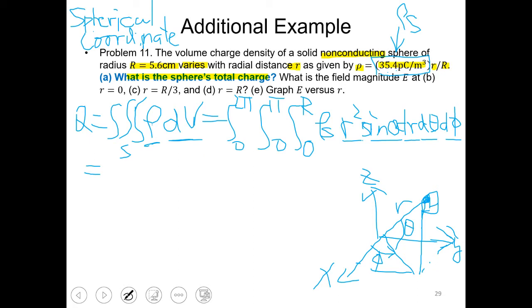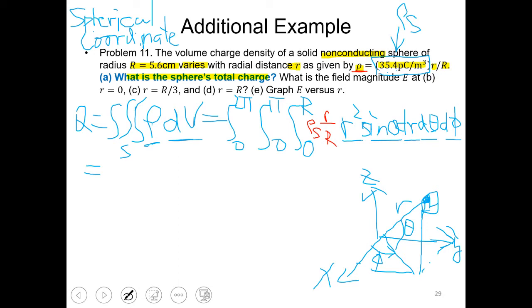So sorry, I forgot something. So actually this rho should be rho s r over capital R. Should be something like this.